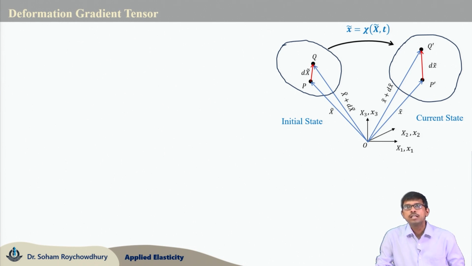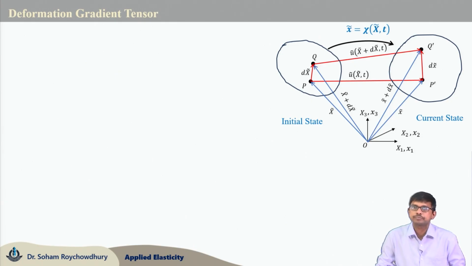Let us choose the length of the undeformed line element dX vector to be dS and the length of the deformed line element dx vector to be ds. The displacement is defined by this quantity u, which is small x vector minus capital X vector.